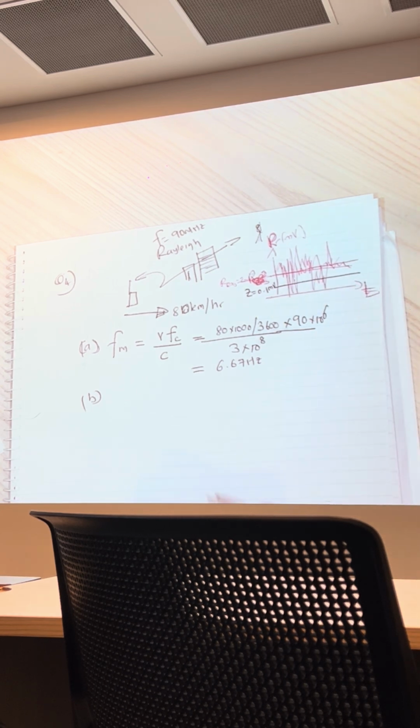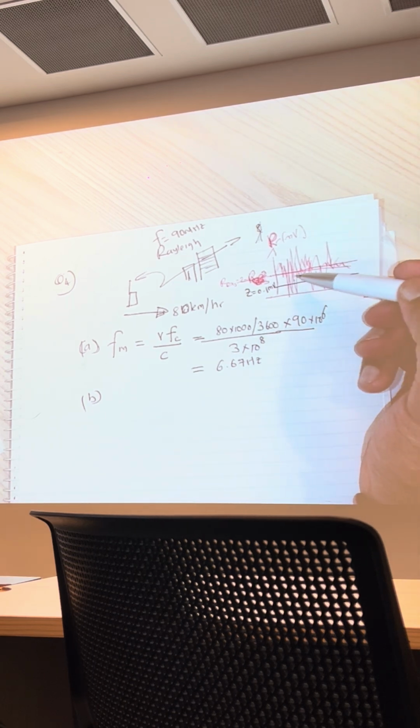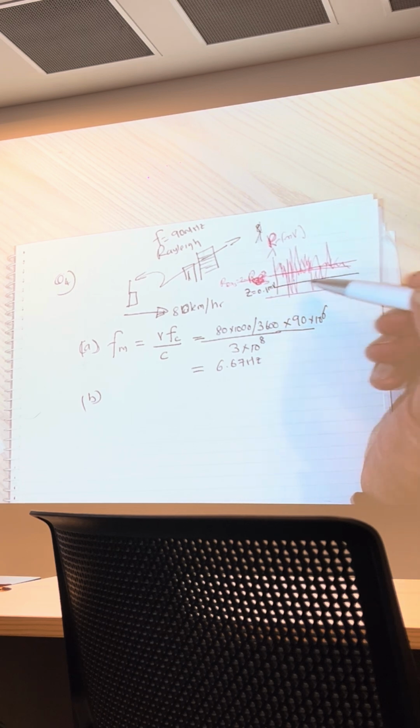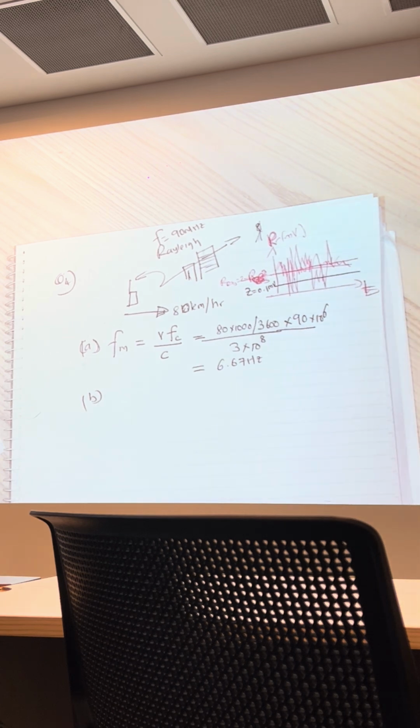So for part B, we need to calculate the level crossing rate, which means how often the received signal crosses the Z value here. That's the level crossing rate, the rate at which it crosses.